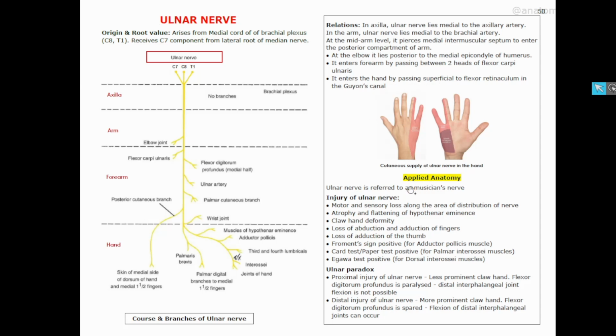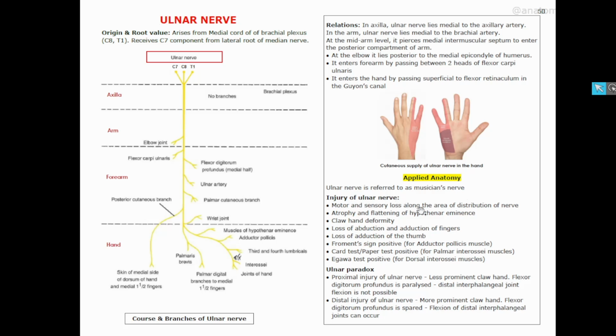And here in the hand, we can see the cutaneous distribution of the ulnar nerve. The medial 1.5 fingers and the palm is supplied by the ulnar nerve, both palmar aspect as well as the dorsal aspect. And in applied anatomy, we saw ulnar nerve is referred to as musician's nerve because of the fine movements which are controlled by the muscles of the hand.